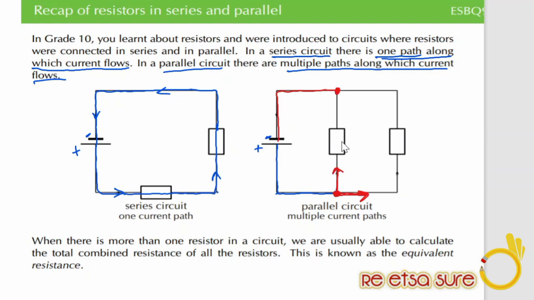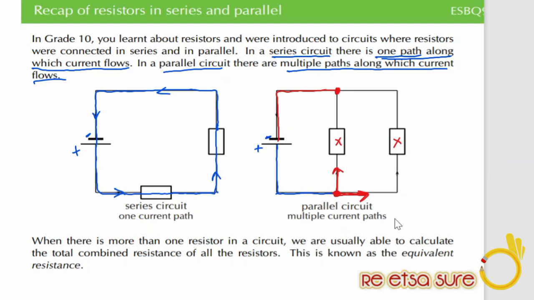So these two resistors are connected in parallel, but for this one, they are connected in series, because here we only have one way for current, but here we have two ways. So series circuit has one current path, parallel circuit has multiple current paths.